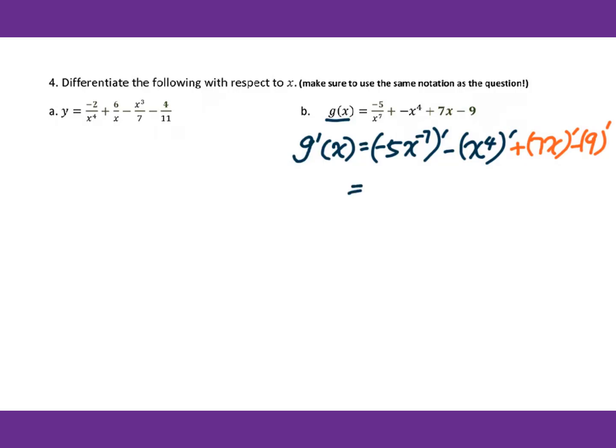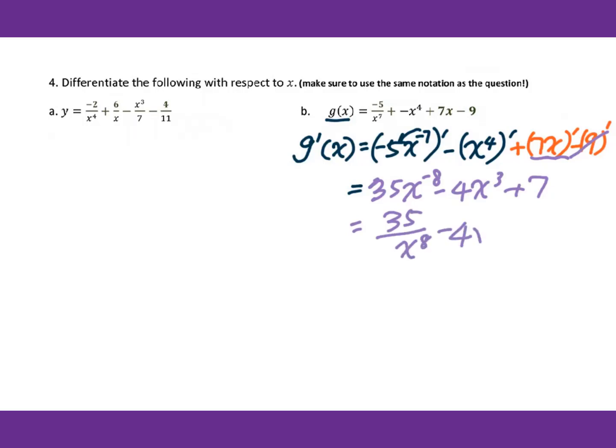So we have, drop down, negative 5 times negative 7, that's 35, x to the negative 8th power. Drop down, minus 1, then minus 4x third power, plus 7. Linear function, the slope will be the derivative. This is gone. Now we organize: 35 over x to the 8th power minus 4x third power plus 7.